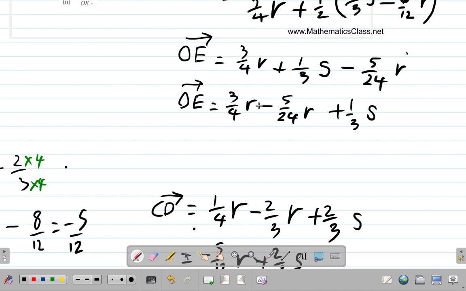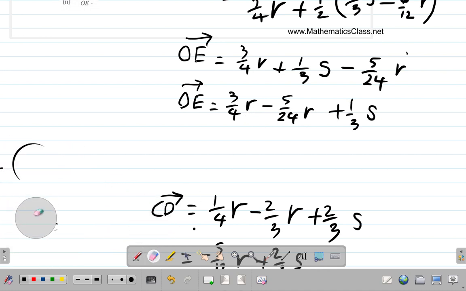You must simplify this part. Add those two fractions now. What do you get? 3/4 minus 5/24. If you use common denominators, multiply 4 by 6 to get 24.